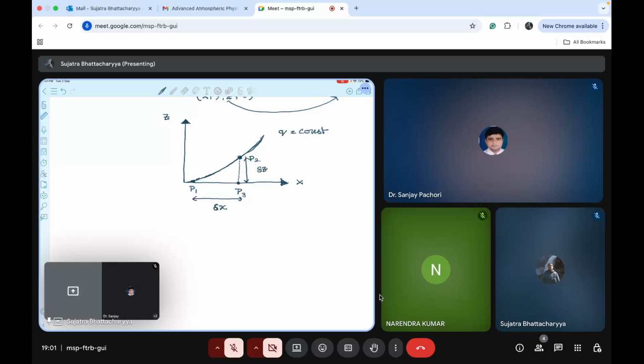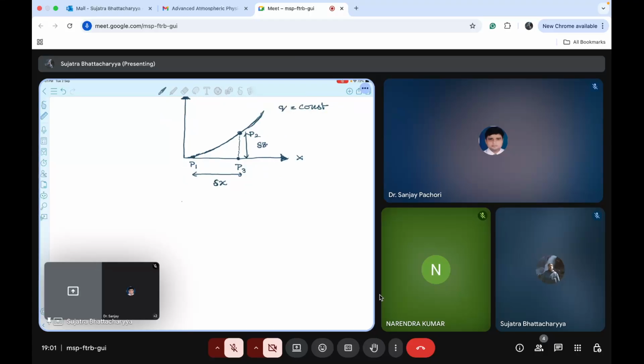Okay. Now, can we write (P3 minus P1) by delta x as (P3 minus P2) plus (P2 minus P1)? Yes, we can, right? What we'll do here is keep (P2 minus P1) by delta x minus (P2 minus P3) by delta x.